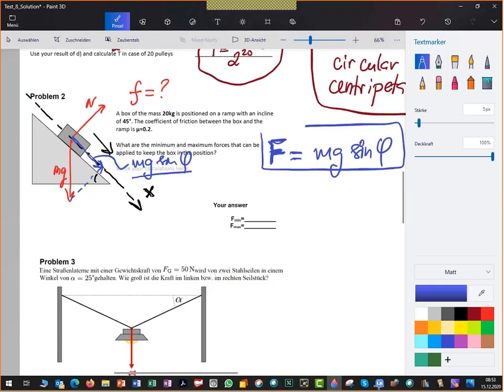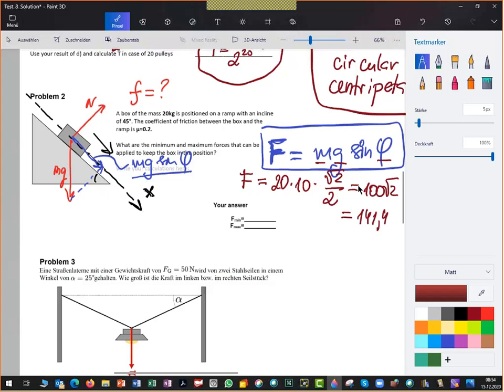So that means, without using any friction first, we can find the magnitude of the force you need to apply to your body. This we know, this we know, this we know. So 20 multiplied by 10 multiplied by square root of 2 divided by 2, which gives you, let's make it, 100 square roots of 2, which is actually close to 141.4.